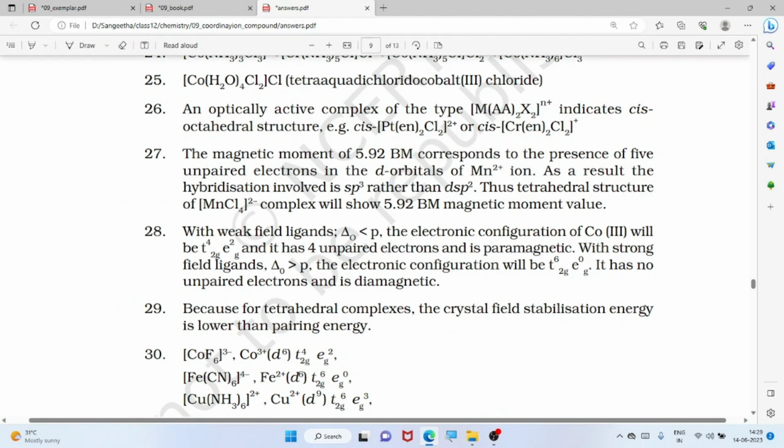The weak ligands' splitting energy is less than the pairing energy, so it won't allow the pairing. Okay, so it has 4 unpaired electrons, paramagnetic, while the strong field ligands, that is this energy is greater than the pairing energy, it allows pairing, so it has no unpaired electron, diamagnetic. 28.